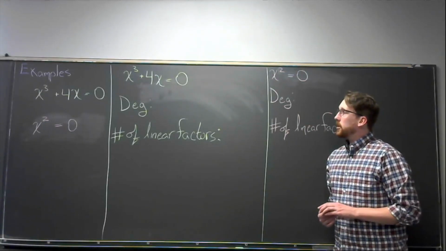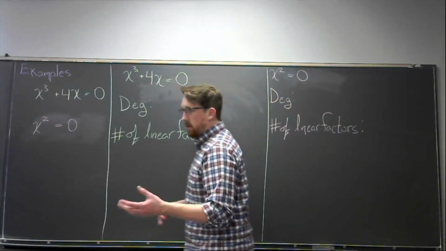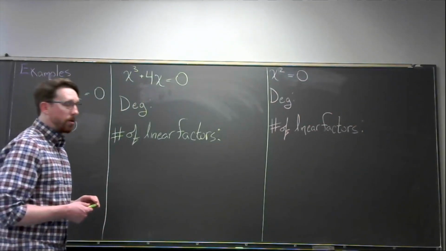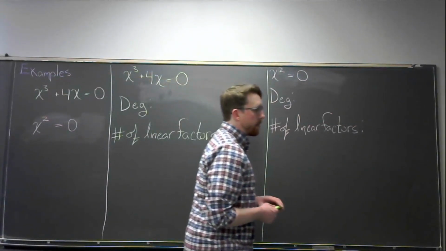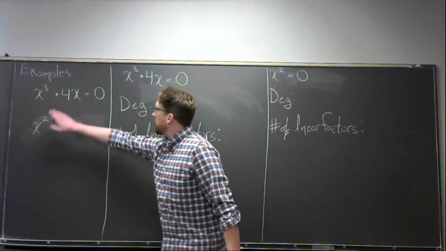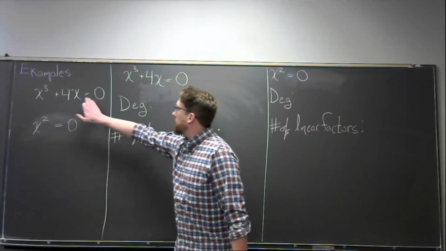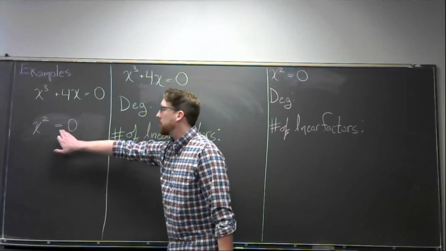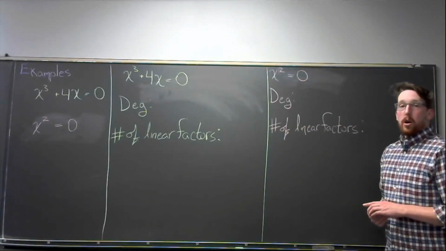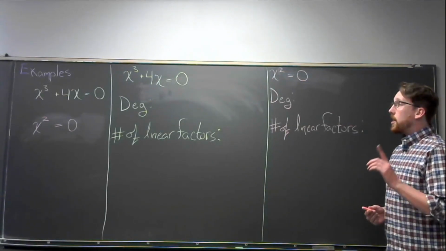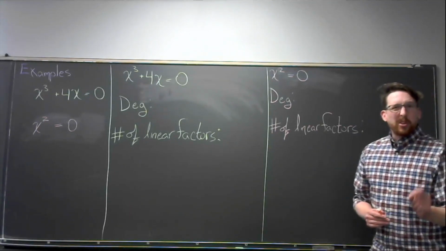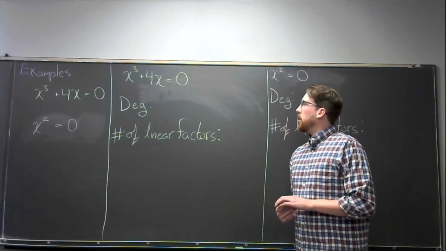All right, so in this first example, we want to put to use those two theorems, particularly the linear factorization theorem. We've got two different questions. The first involves x cubed plus 4x equal to 0, and the second is x squared equal to 0. We want to find the degree of these polynomials, the number of linear factors they have, and then solve them.